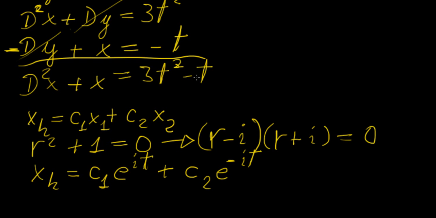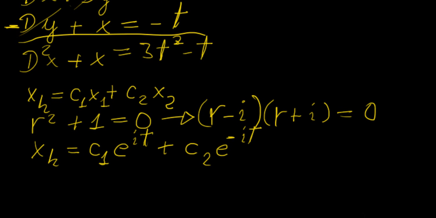Now what's going to be the solution related to this? Well, that is going to be big X, and we're going to choose a polynomial with undetermined coefficients that is of the same order as this polynomial. So we're going to have at squared plus bt plus c, and I should actually make this bigger to show you that it's a different solution.